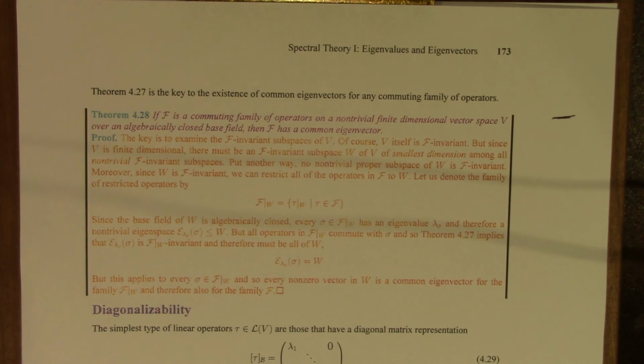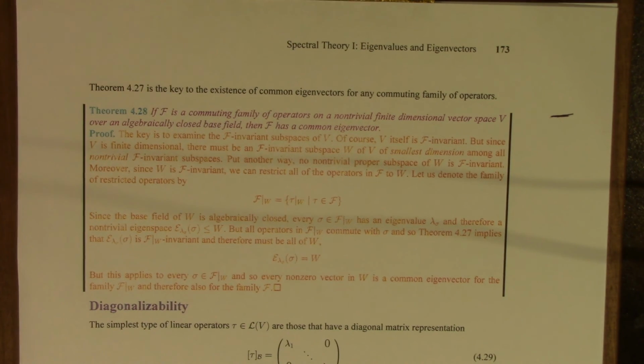We have a commuting family of finite dimensional operators over an algebraically closed field, such as the complex field. There will be a common eigenvector.